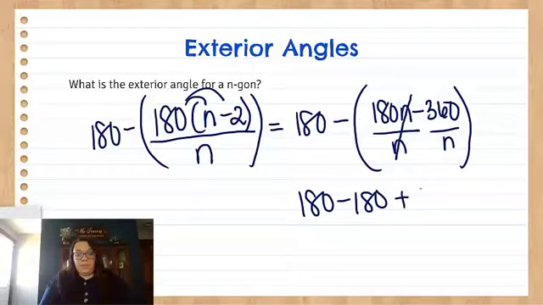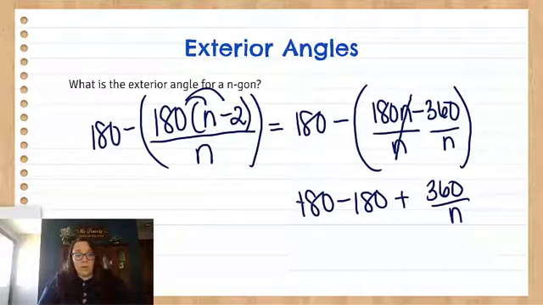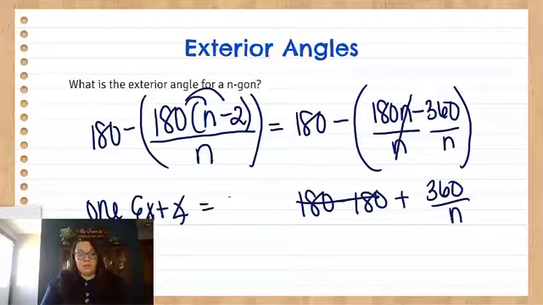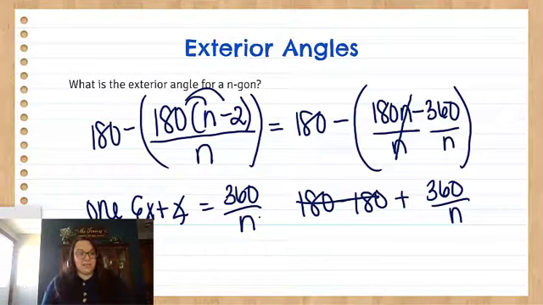Double negative makes a positive, so plus 360 over n. The 180 minus 180 will go away, and I've actually got a really nice equation here for the exterior angles. So to find the measure of one exterior angle, it's 360 divided by n, which tells me that the sum of the exterior angles is always 360, no matter what.